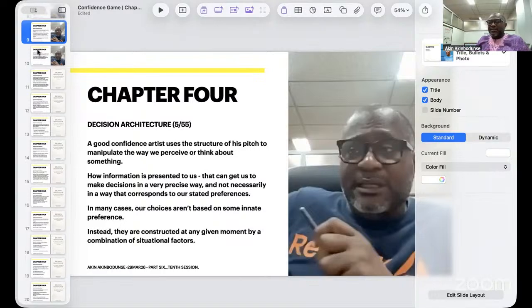The presentation, the moment, the environment can go a long way to make us decide one way or the other, which might be different from the decision we might make in another environment, without stimulation. Right. So we need to be wary of that, especially when it's a decision that is irreversible. We have to be wary of the props that someone might be using to move us to make the decision in one direction or the other.